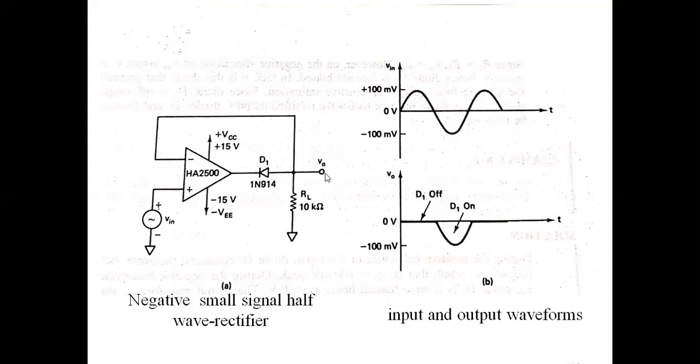The output voltage follows the input voltage, and only this part is rectified, so the negative cycle appears at the output even for small voltages. This is the negative small signal half wave rectifier.